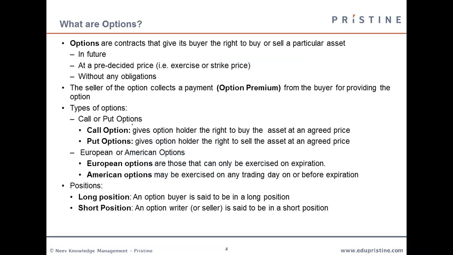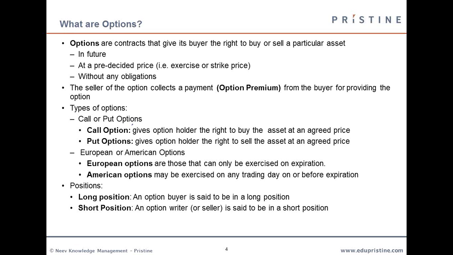Options basics. Options give the user the right to buy or sell a particular asset. When you buy an option, you only have the right to buy or sell, but you do not have an obligation to buy or sell an asset. To buy an option, you pay some price which is called the option premium.